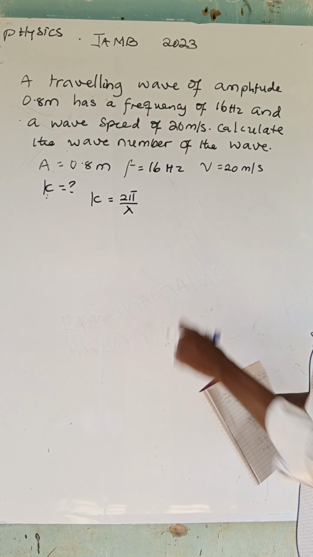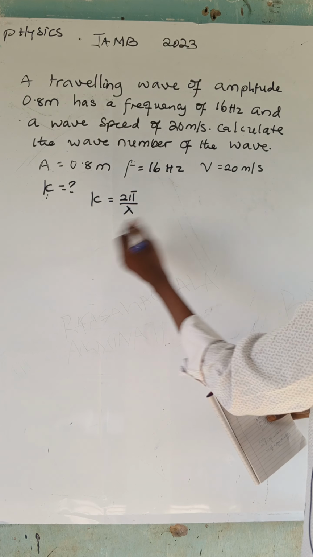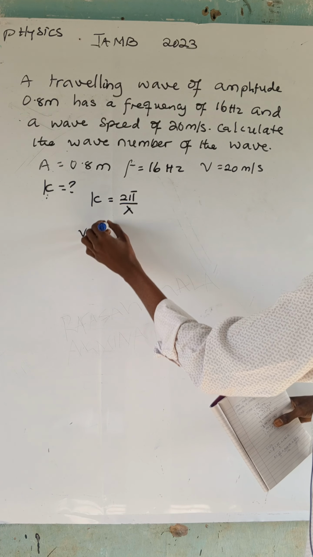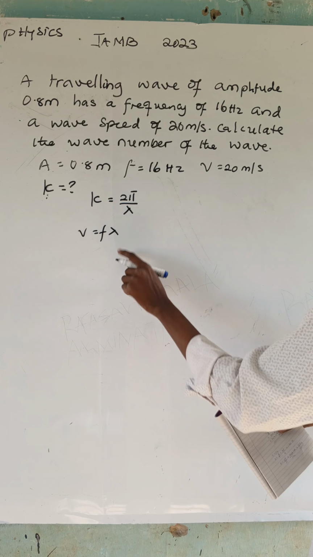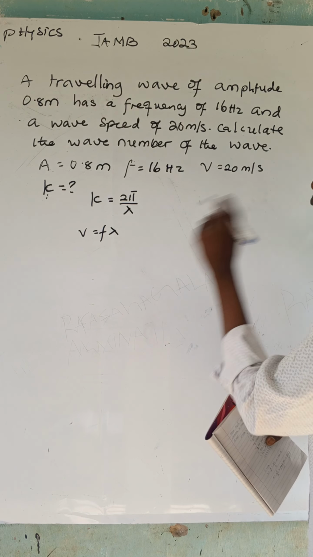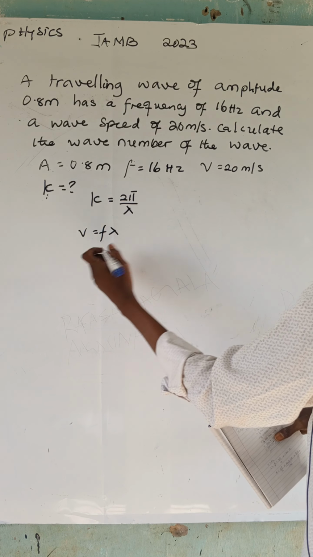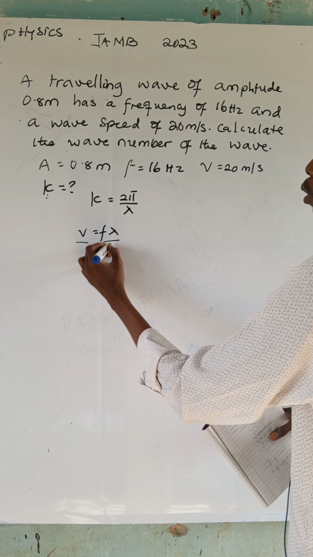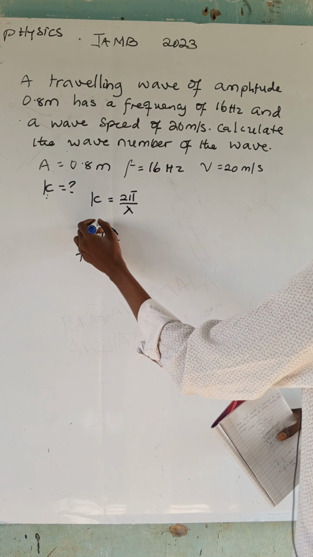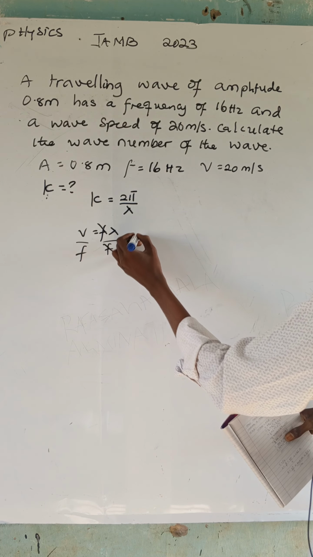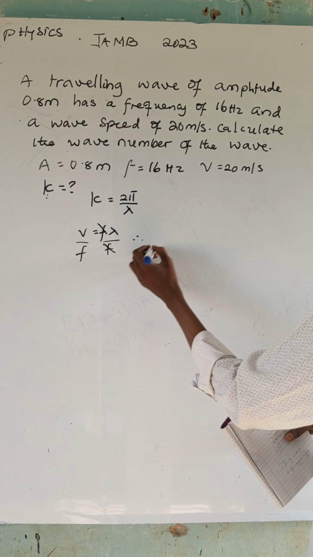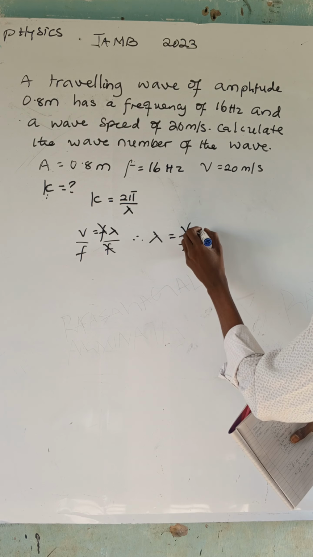So we can use the relationship of speed equals frequency times lambda and get lambda. Let me make it subject of the formula by dividing both sides by frequency. So frequency cancels frequency, therefore wavelength equals velocity over frequency.